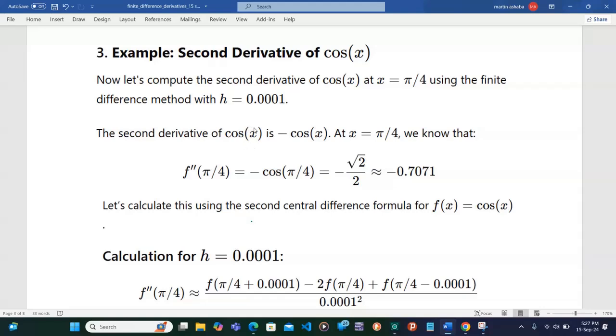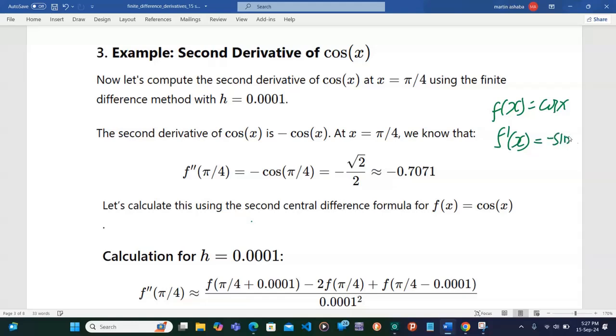First of all, we need to know the exact value of the second derivative of f of x at x equal to pi over 4, and we know f of x is cos of x. If we take the first derivative of f of x, we find negative sine of x.